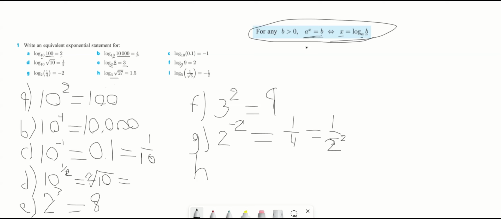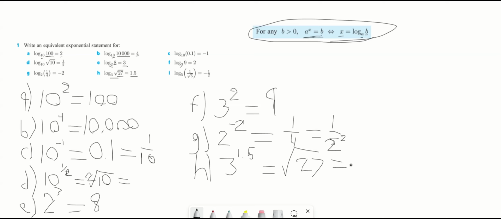Then we can do h. So again, a is 3, b is root 27, and x is 1.5. And we'll just plug it into this equation again. So a is 3, x is 1.5, and this equals root 27.